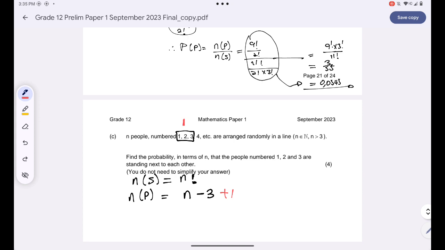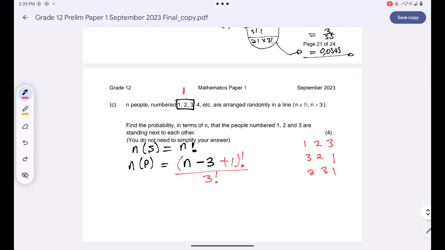Are you together? So this factorial divided by 3 factorial. Why am I dividing by 3? Because these elements, guys, they can be placed as 1, 2, 3, 3, 2, 1, and 2, 3. Like they can be placed in many orders. Are you together?